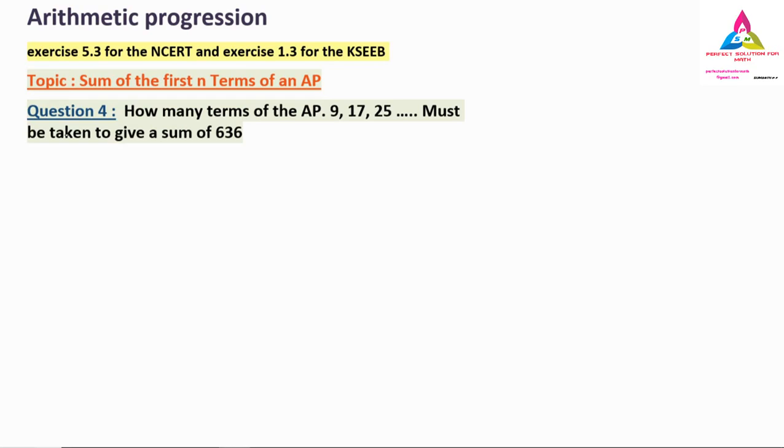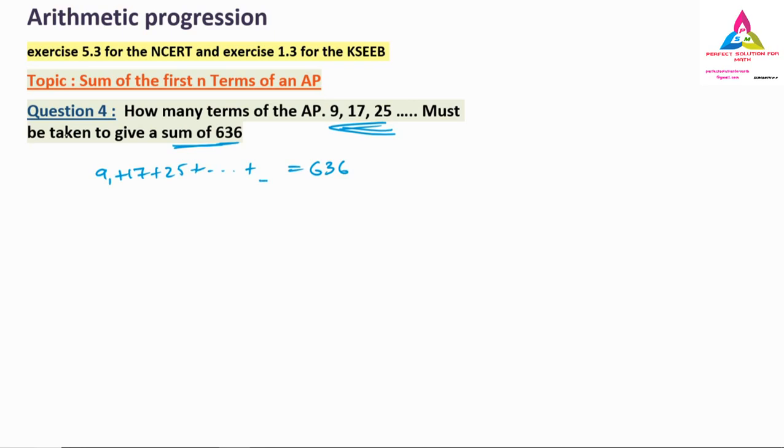They have given an AP, that is 9, 17, 25. Next, they have given the sum, 636, which means if you add 9, 17, 25 plus the next numbers of the AP, it will give 636.